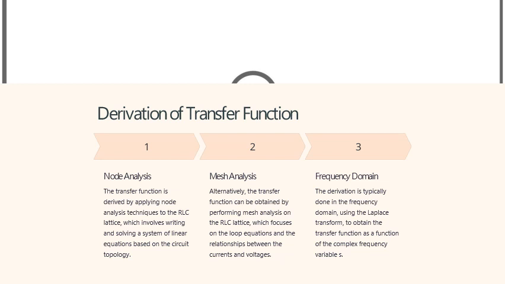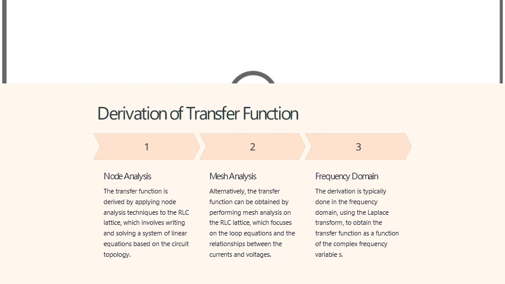Derivation of transfer function. First one is node analysis, second one mesh analysis, third one frequency domain. Coming to node analysis, the transfer function is derived by applying node analysis techniques to the RLC lattice, which involves writing and solving a system of linear equations based on the circuit topology. Mesh analysis.